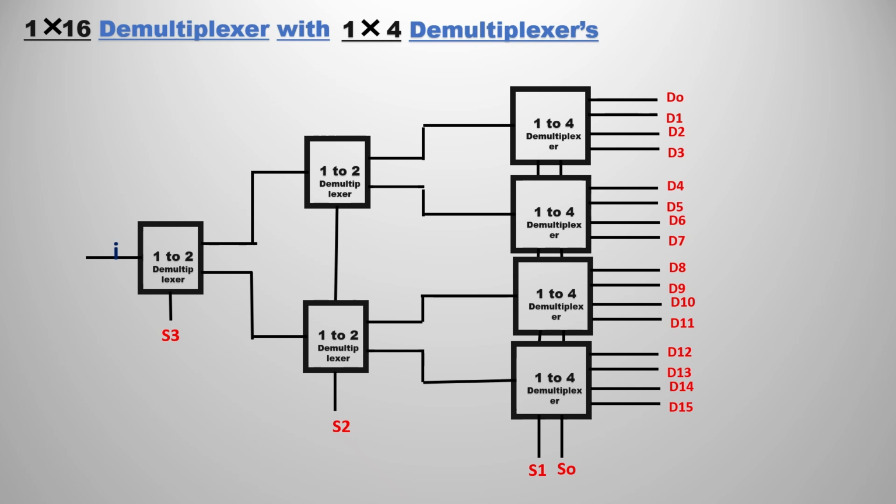For both of them we have 1 select line, that is S2. Then we have the two inputs for the first one and the second one. Join both of them and use one more 1x2 demultiplexer, whose select line is S3. In this format also we have one input and 16 outputs, and we have covered all 4 select lines, that is S1, S0, S2, S3.